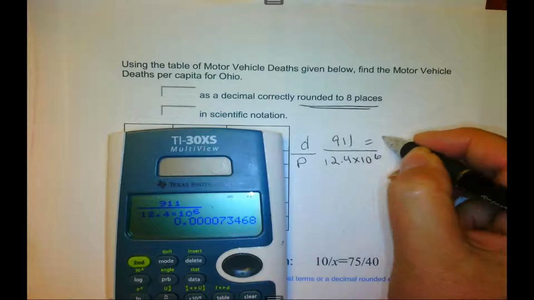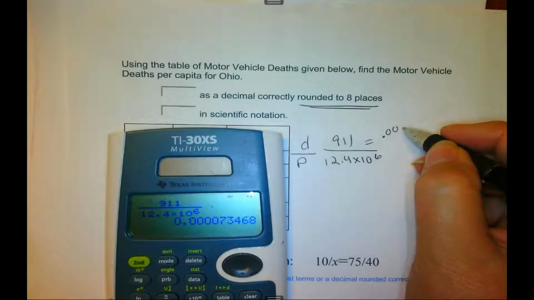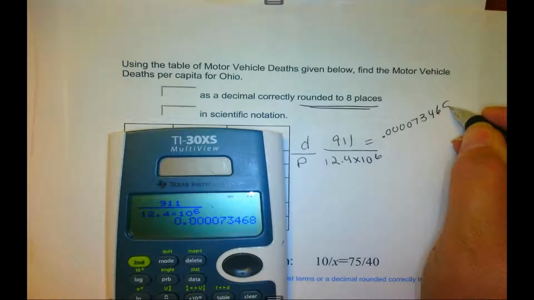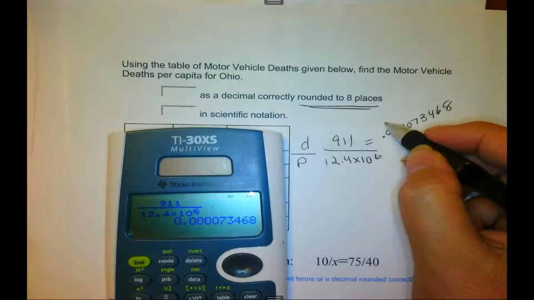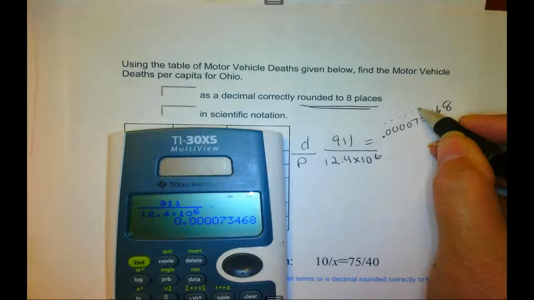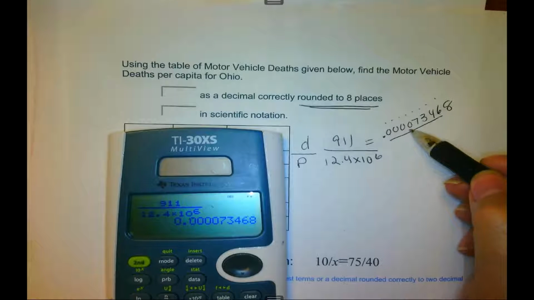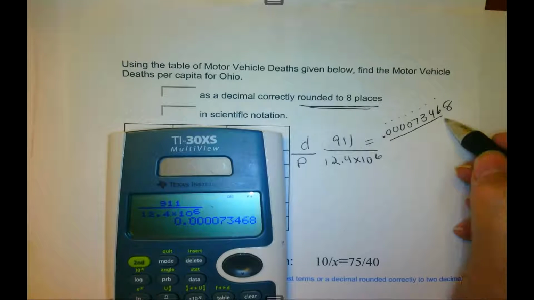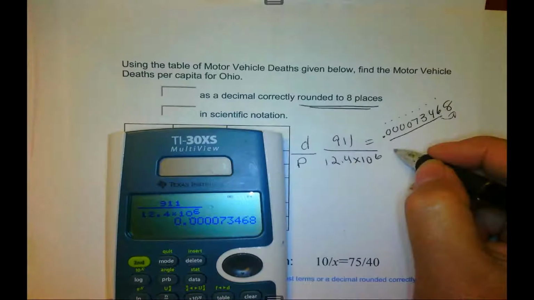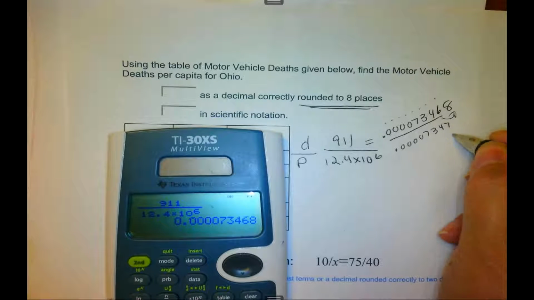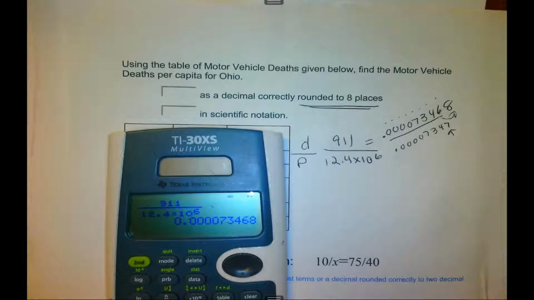So we get 0.123473468. 8 places. 1, 2, 3, 4, 6, 7, 8. Okay. So that's going to round to right there. You got to watch that rounding or it'll count you wrong.